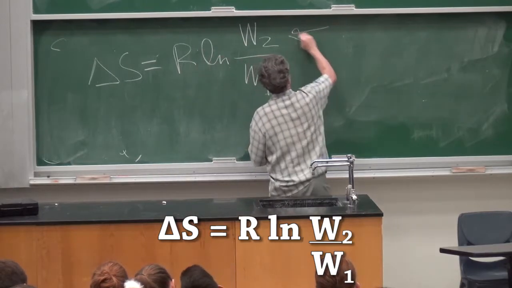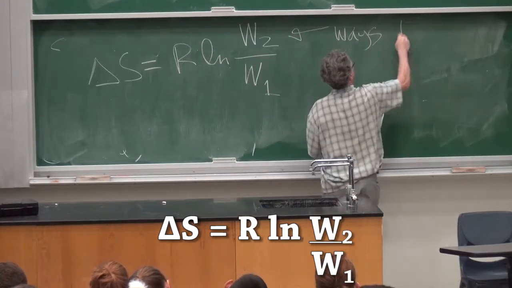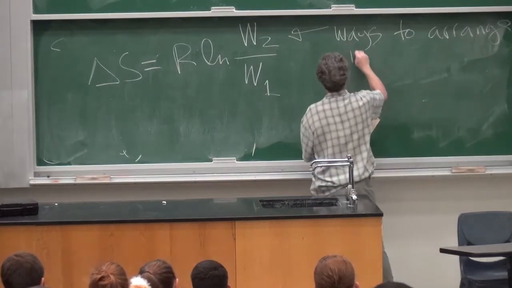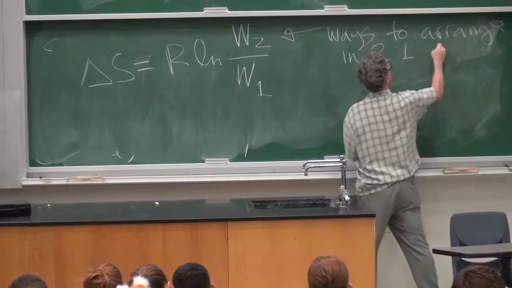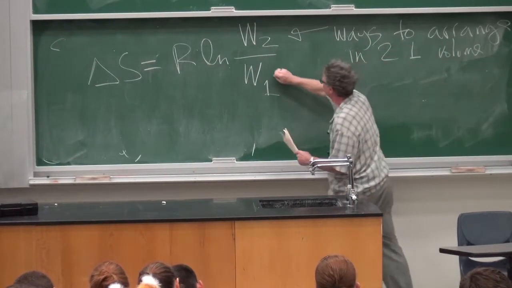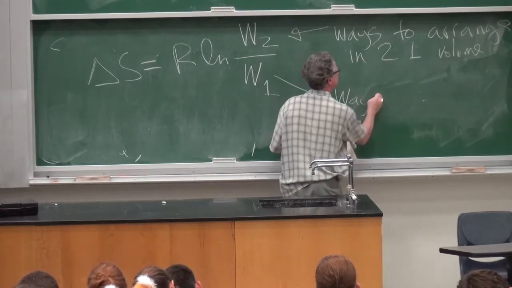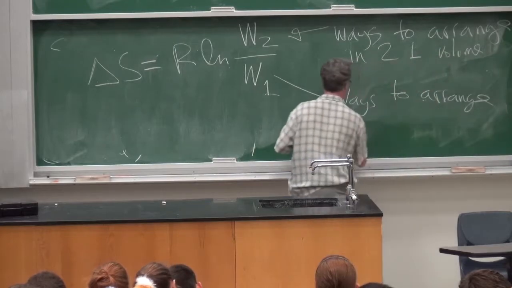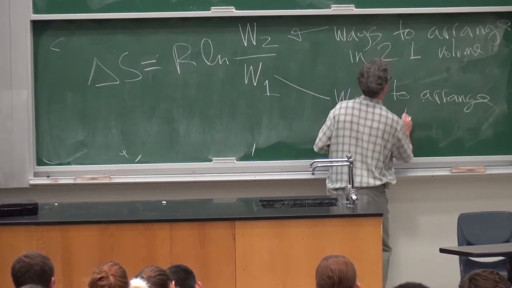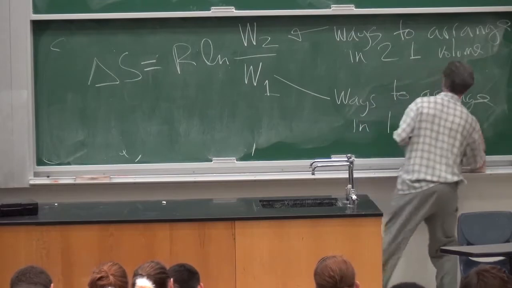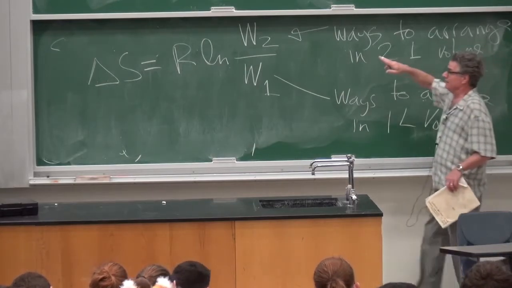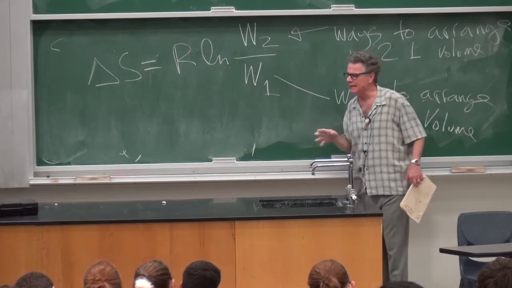This is ways to arrange in 2 liter. And this is ways to arrange in the 1 liter case. So that's the delta S for that process. And according to Boltzmann, that should have a positive delta S.